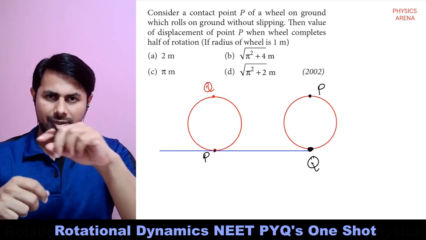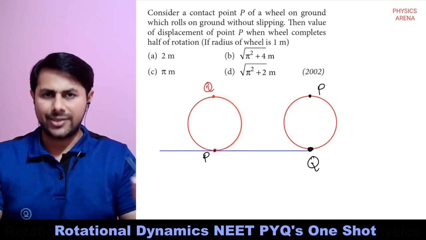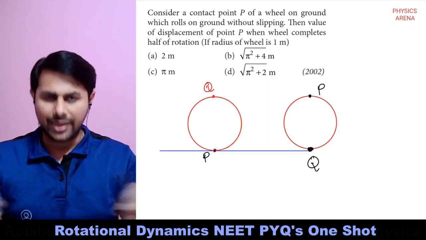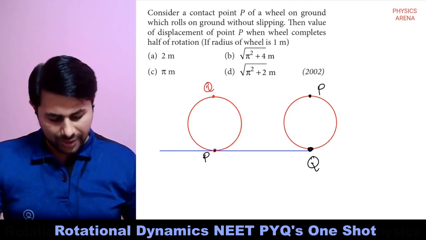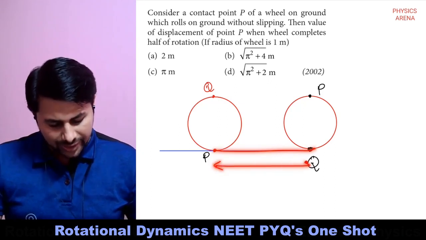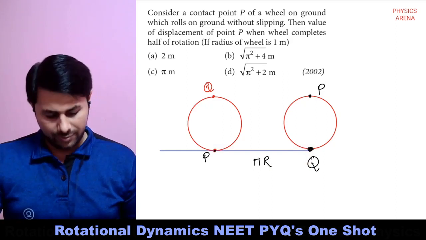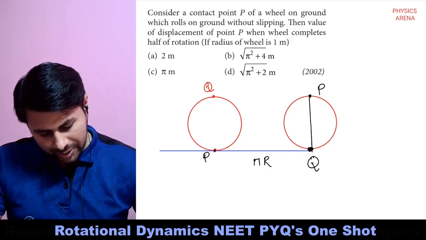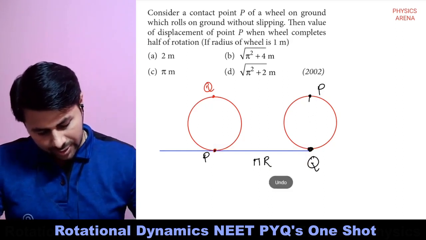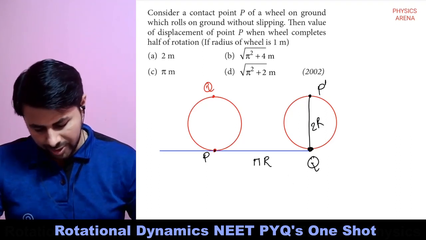So if you take this circumference and unwind it, make it straight, and keep it over here, then you will get this length. So this is equal to pi r, and this distance is 2r.